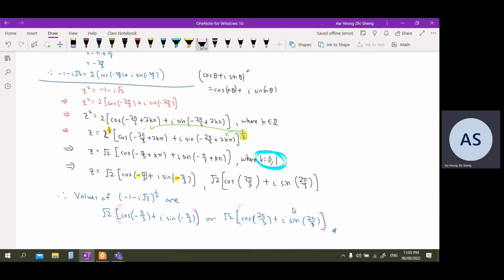So this pink colored pair of brackets are important when writing your modulus argument form. If we don't put these pink colored brackets there, then your root 2 won't get distributed to the I sine term. So that pink colored bracket is important.